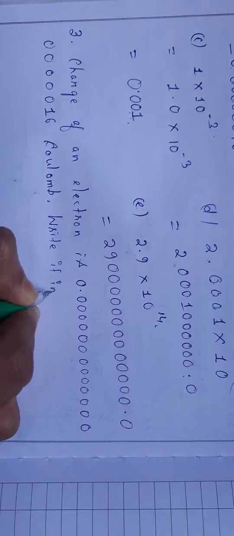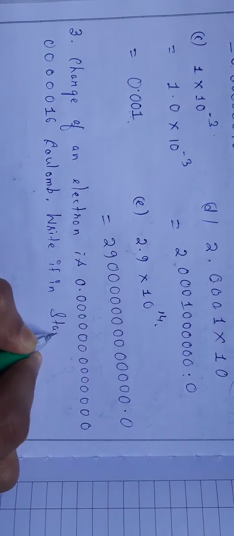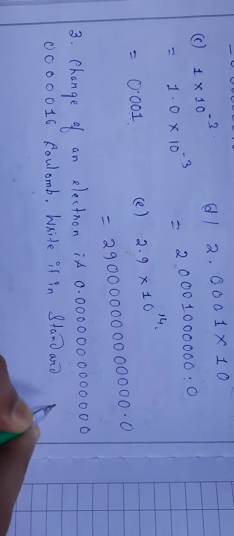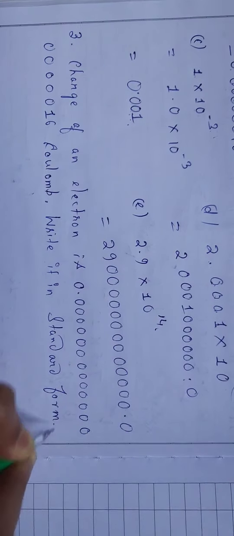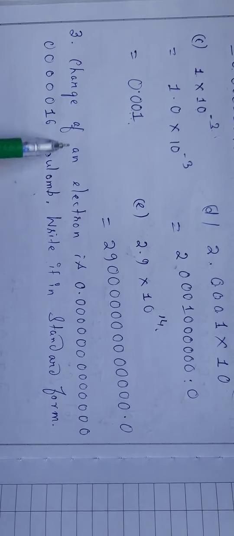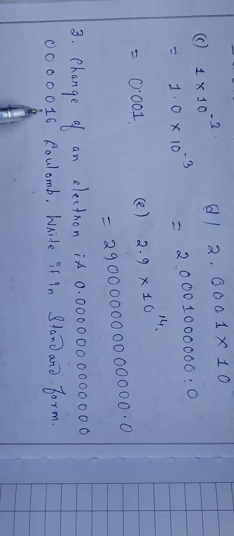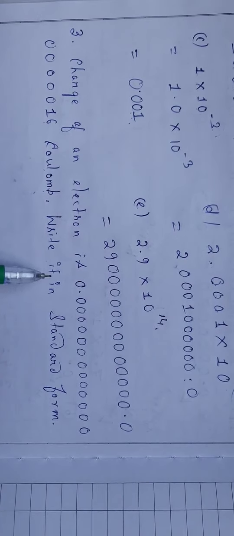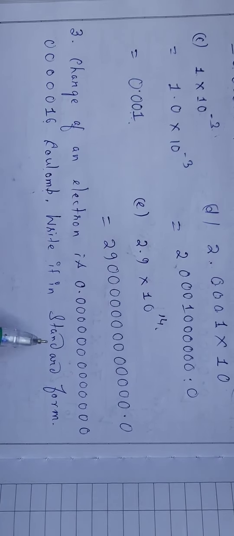Write it in standard form. We know the charge of an electron is 0.18 zeros 16 coulomb. So we have to write this number in the standard form.